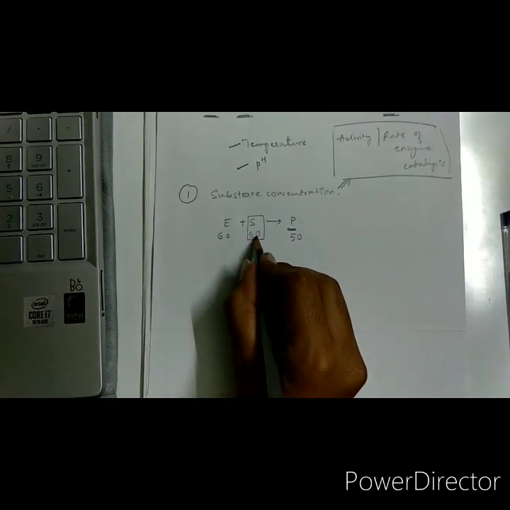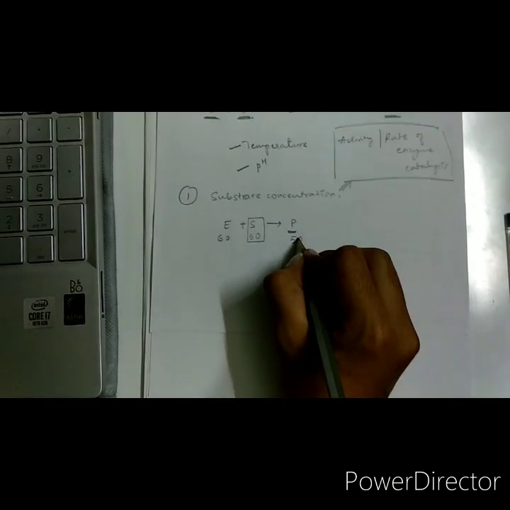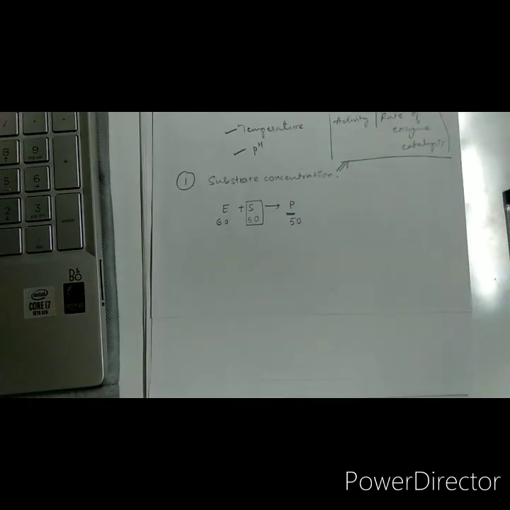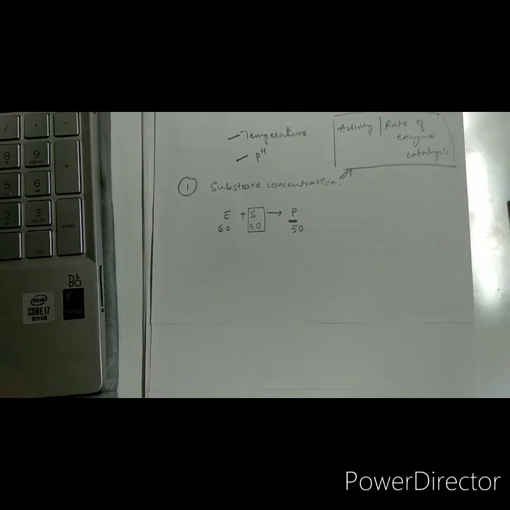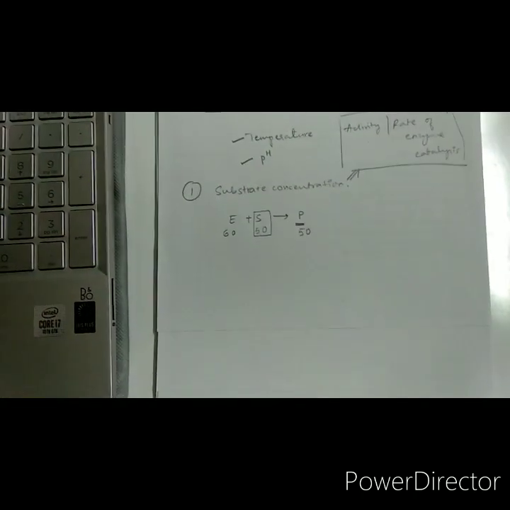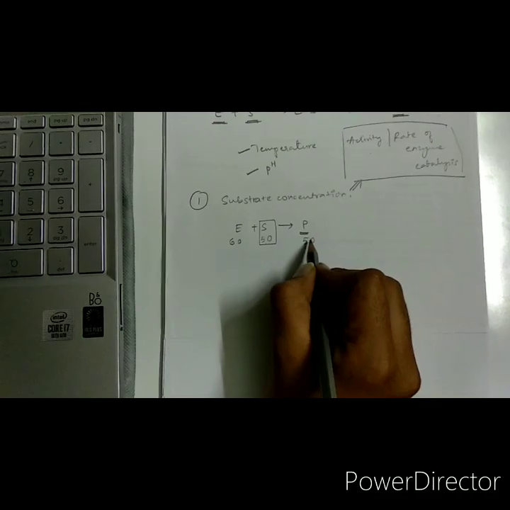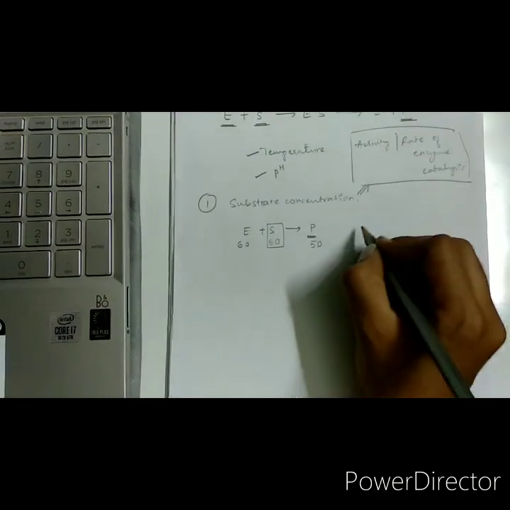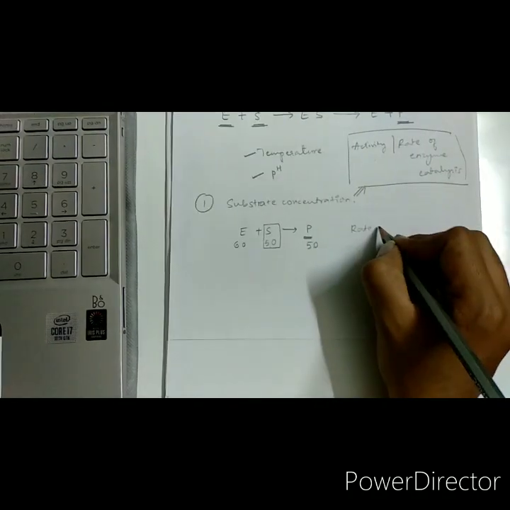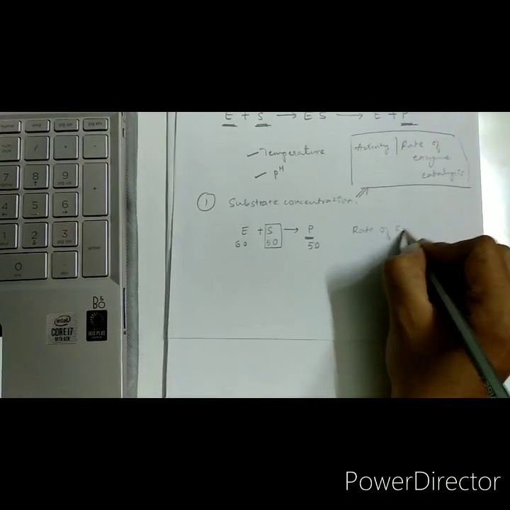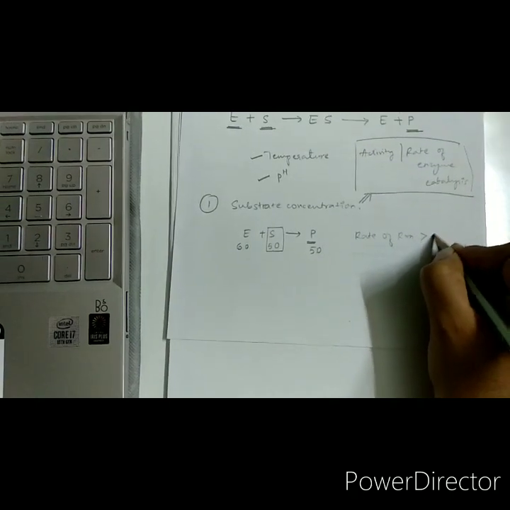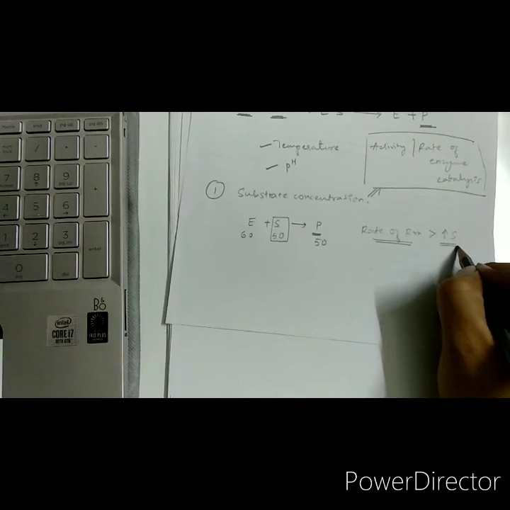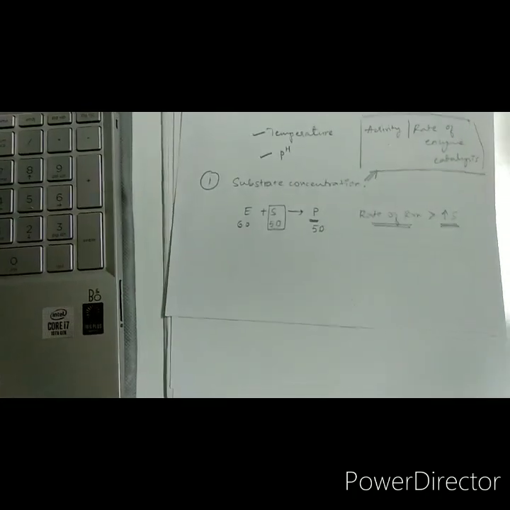So altering the substrate concentration alters the product concentration. Rate of reaction increases as substrate concentration increases.